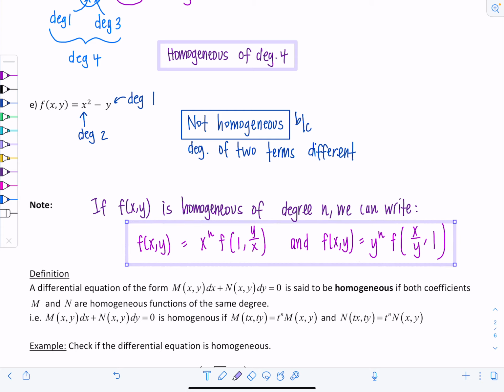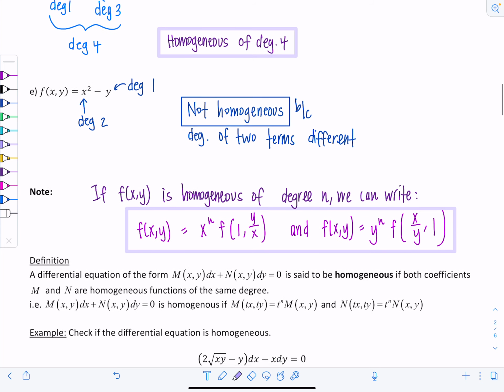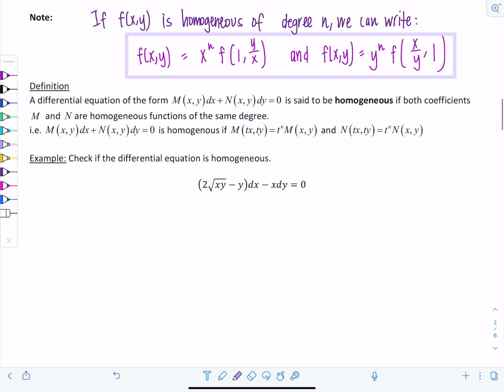Okay, very good. So now we've identified what homogeneous functions are. Let's build on that and look at homogeneous differential equations. So a differential equation of the form m of xy dx plus n of xy dy equals 0 is said to be homogeneous if both coefficients m and n are homogeneous functions, now be careful, of the same degree.